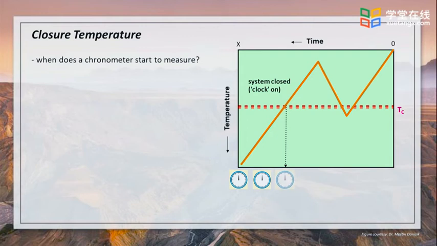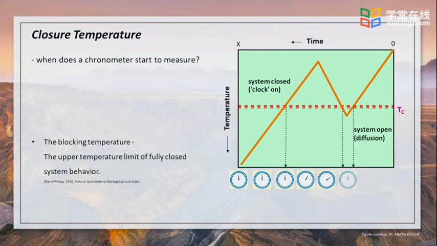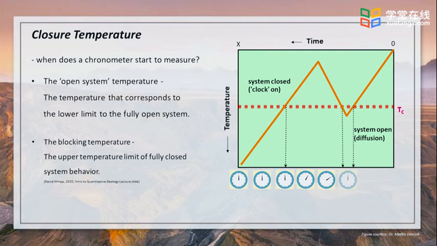When the mineral experiences reheating from temperatures lower than the blocking temperature, the upper temperature limit of fully closed system behavior, to those that exceed the open system temperature, which is defined as the temperature that corresponds to the lower limit of the fully open system, the diffusion of isotopes reinitiates.